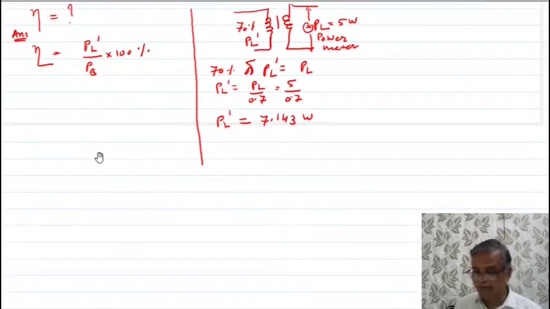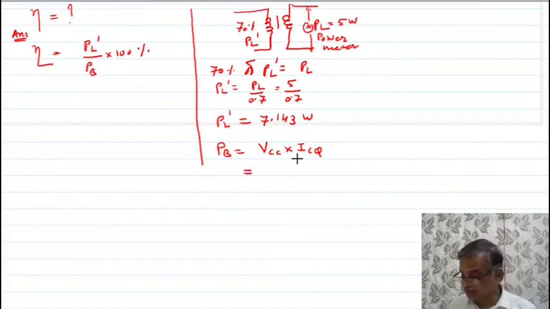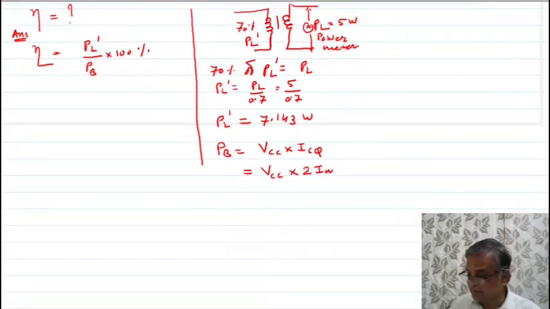I have to find PB. PB is nothing but the supply voltage multiplied by the current at quiescent condition. You can see your circuit diagram: it is a full wave rectified signal, so the average value of the full wave rectified signal is given by 2 Im upon pi.